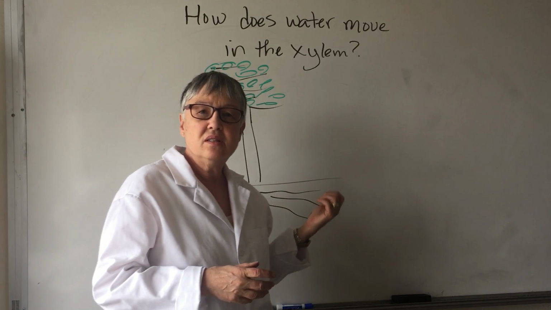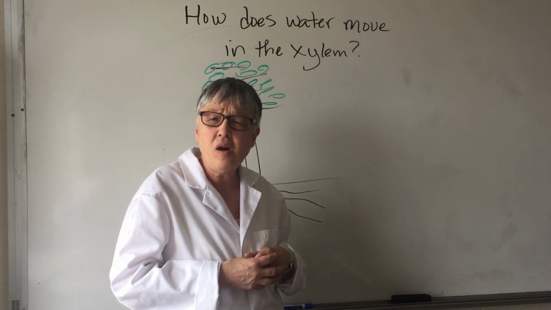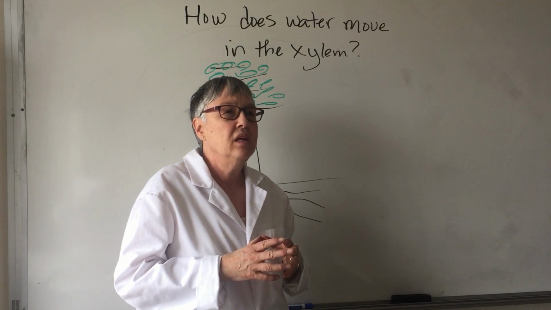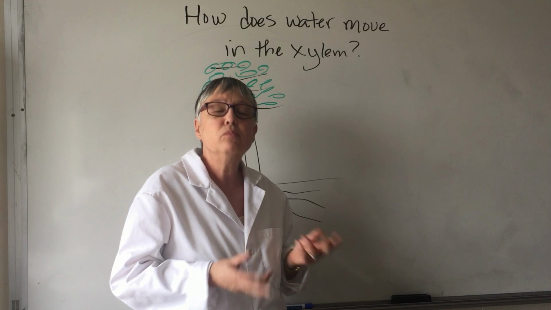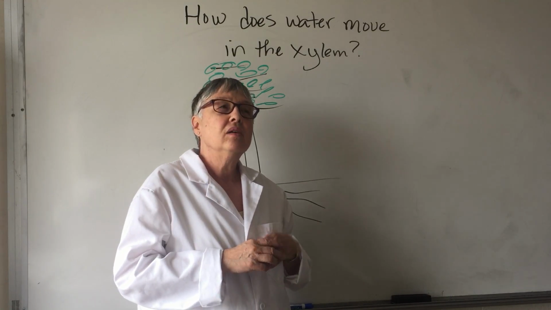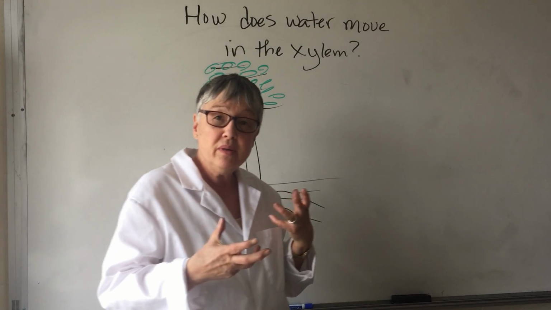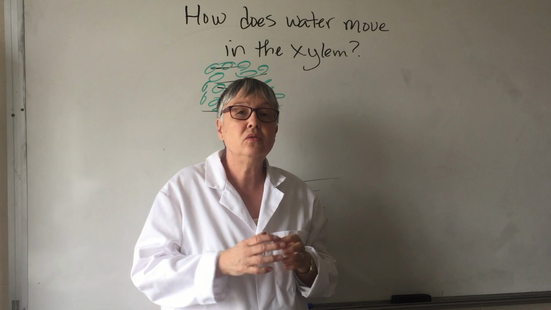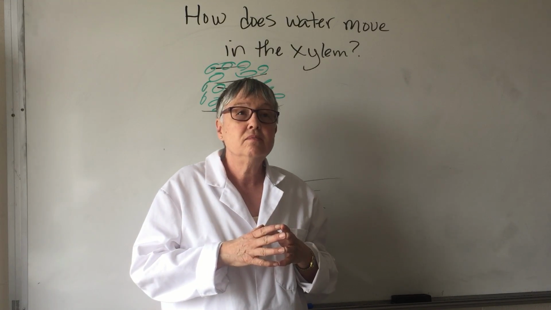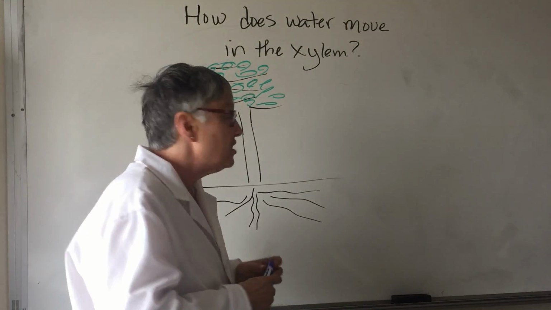The redwoods in California are 300 feet tall or more. So that's quite a height to be moving water. And it turns out that in plants, there's not a pump that's involved. It's actually due to a process that is called transpiration.